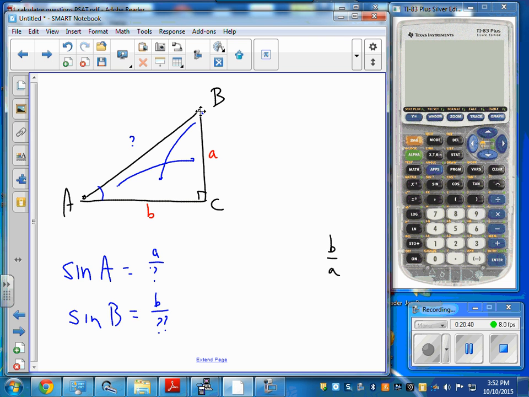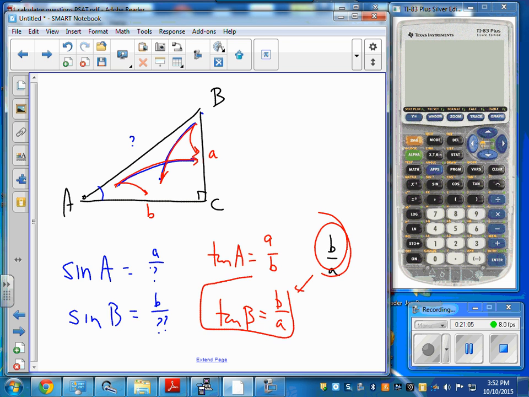The tangent of A is going to be the opposite side, which is A, over the adjacent side, which is B. And that's not what we want yet. Remember, we're looking for this. The tangent of B is the opposite side, which is side B, next to the adjacent side, which is A. And that's the one we want. The choice is D.